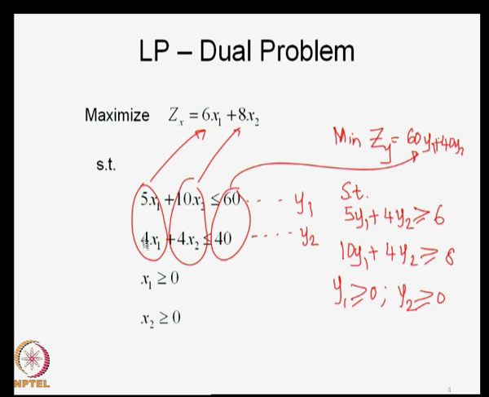So, 5 y 1 plus 4 y 2. Then, because it is a minimization problem, I write greater than or equal to, and the associated coefficient in the objective function becomes the right hand side of the constraint. So, 5 y 1 plus 4 y 2 greater than or equal to 6. Similarly, 10 y 1 plus 4 y 2 greater than or equal to 8, and y 1 greater than or equal to 0, y 2 greater than or equal to 0.